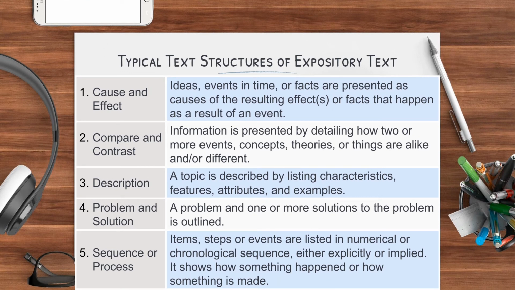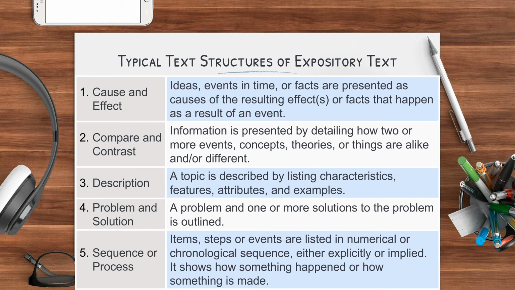There are 5 types of typical structures of expository text, which are cause and effect, compare and contrast, description, problem and solution, sequence, or process. A cause and effect essay would have ideas, events in time, or facts that are presented as causes of the resulting effects or facts that happen as a result of an event.